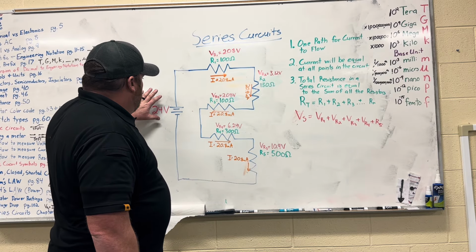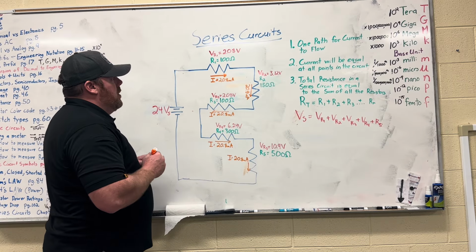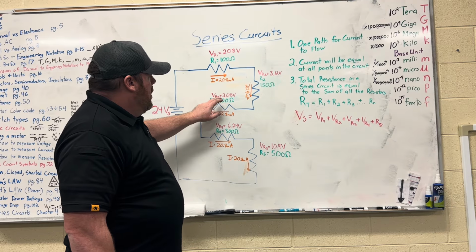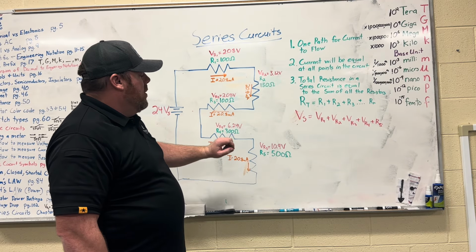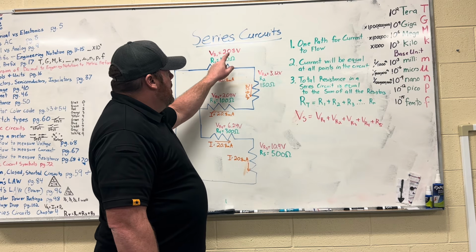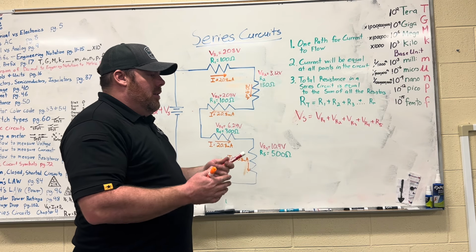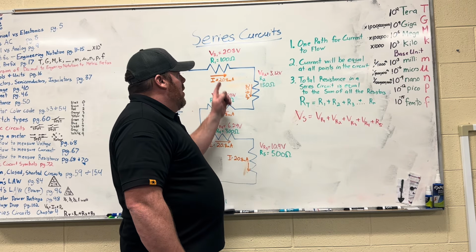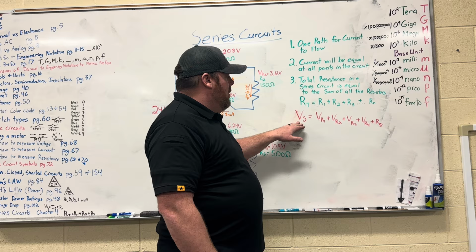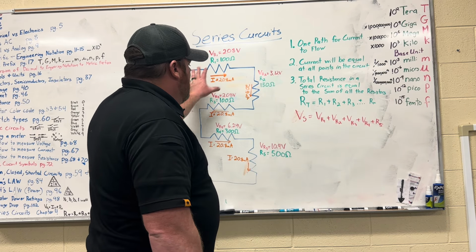So we had a 24 volt source, VS, and then the voltage drop across R1, R2, R3, R4, and R5. If we add those numbers up, they sum together to equal 24 volts. Now the law actually states that the sum of all, with these being negative and this being positive, would be zero, but that basically means the voltage source and the sum of the voltage drops have to be equal. So that's how we got to this point.